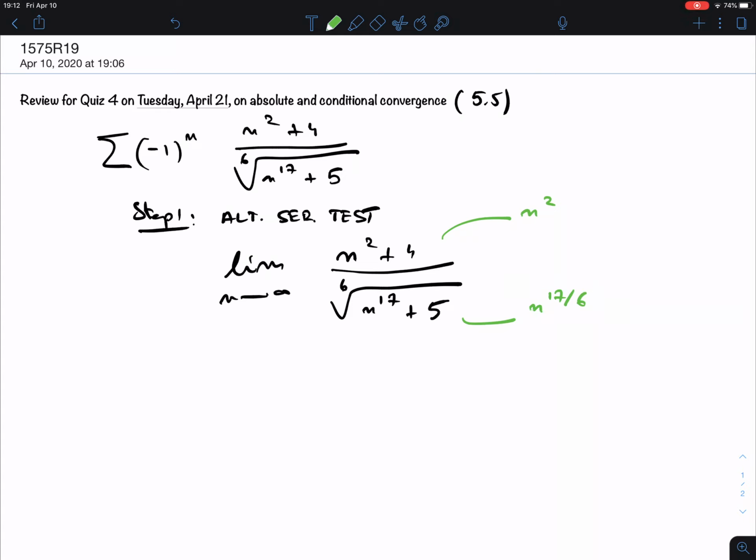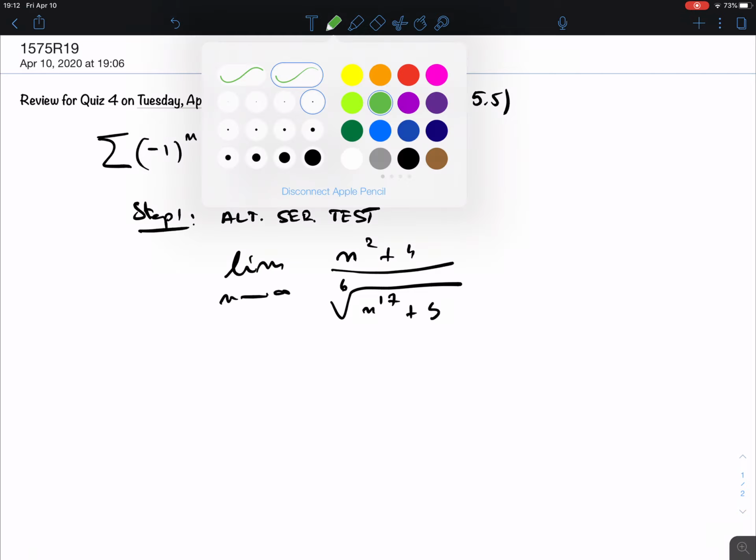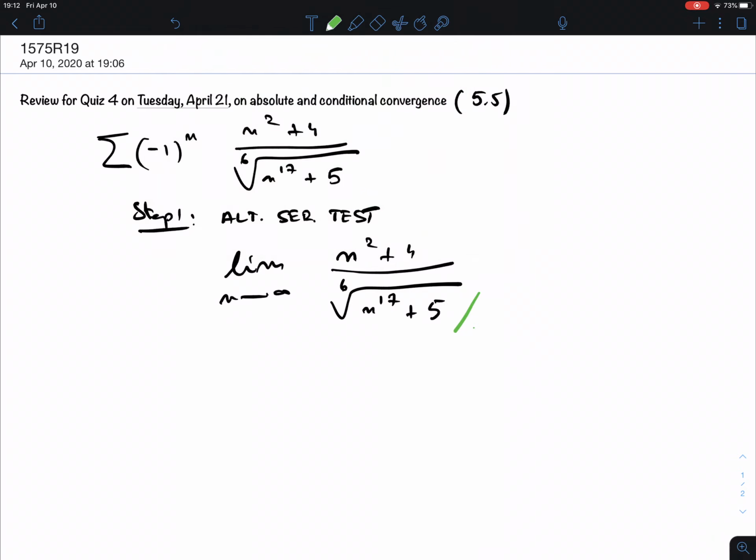So I'm going to divide by the 6th root of n to the 17th, and here also the 6th root of n to the 17th.